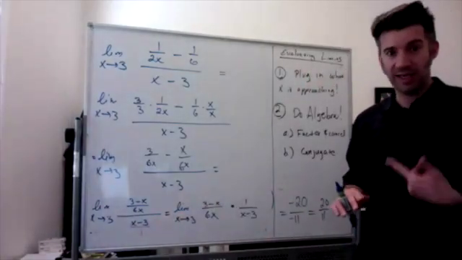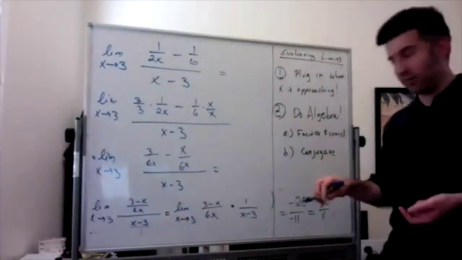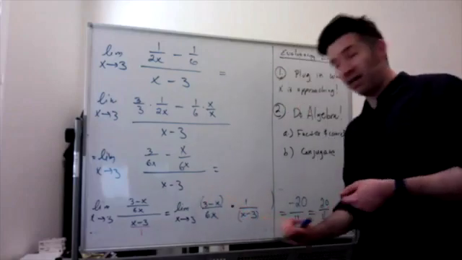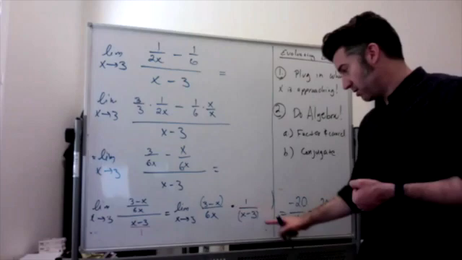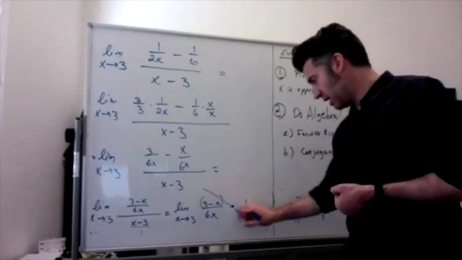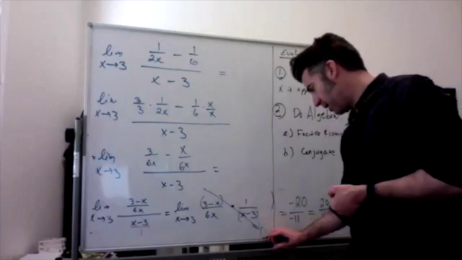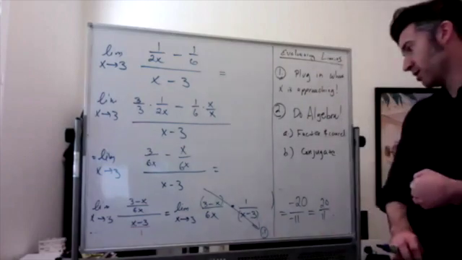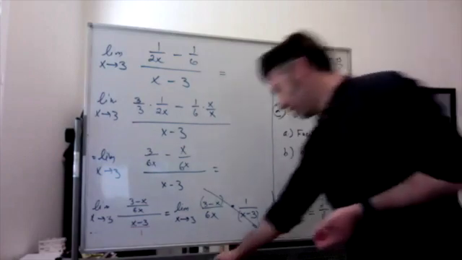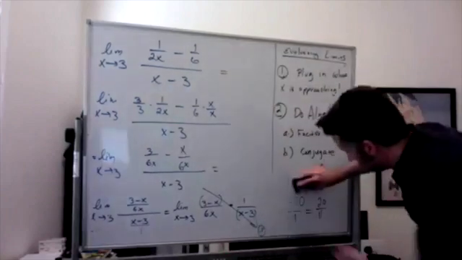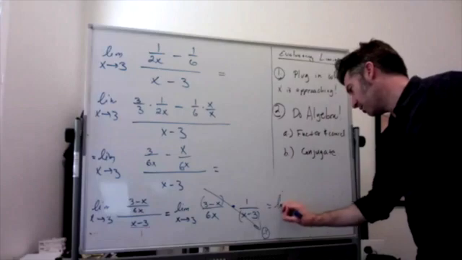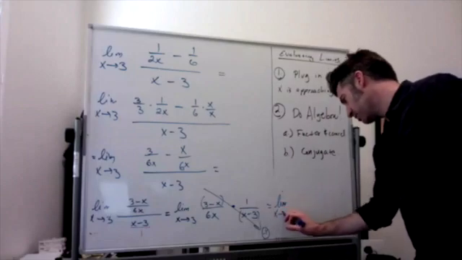Now we're seeing the same thing that we had in the last problem happen again. 3 minus x divided by x minus 3: this is in the top, this is in the bottom. These cancel and leave behind a negative 1. So this ends up equaling the limit as x approaches 3.